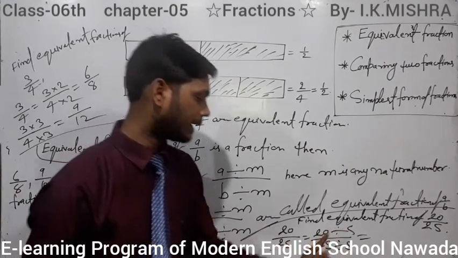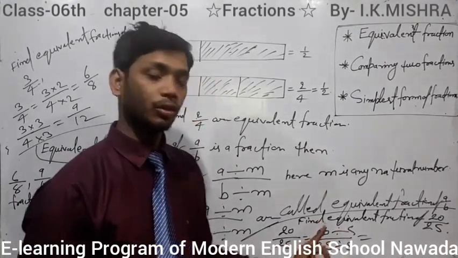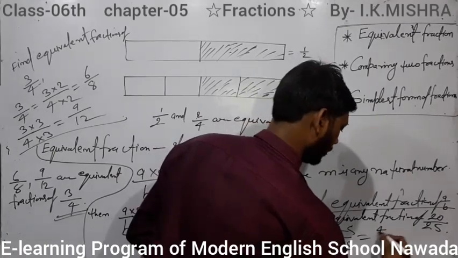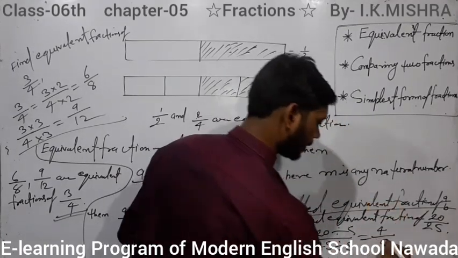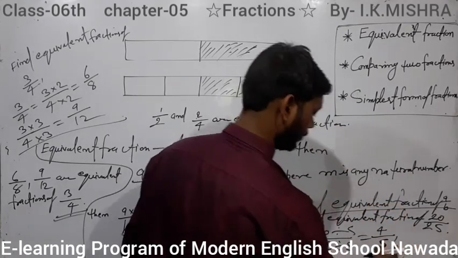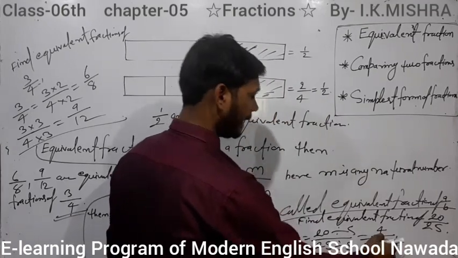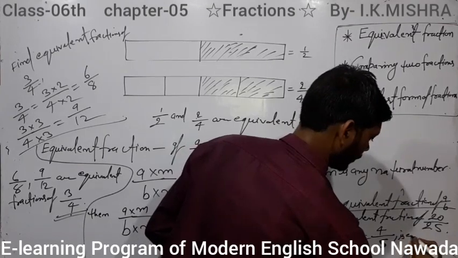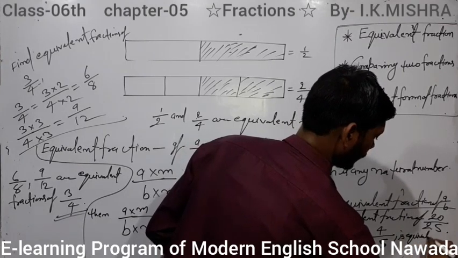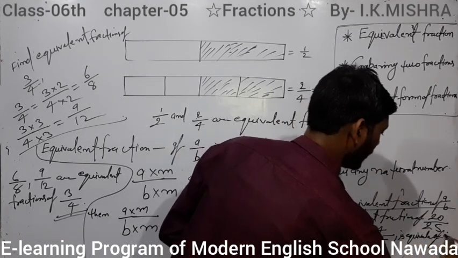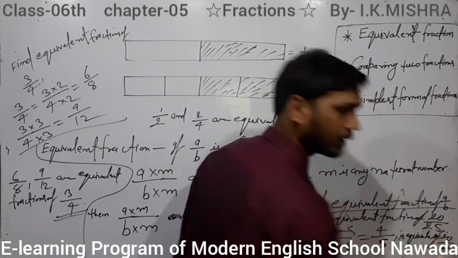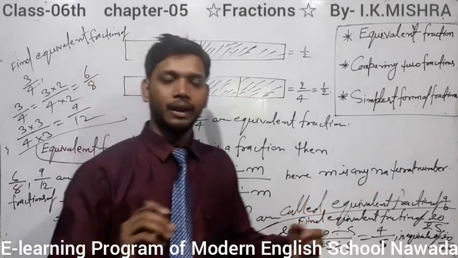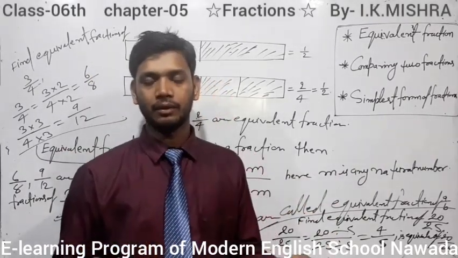Both numerator and denominator are divided by the same non-zero number, then you get 4 by 5. Here, 4 by 5 is equivalent to 20 by 25. Similarly, students, you can find equivalent fractions.